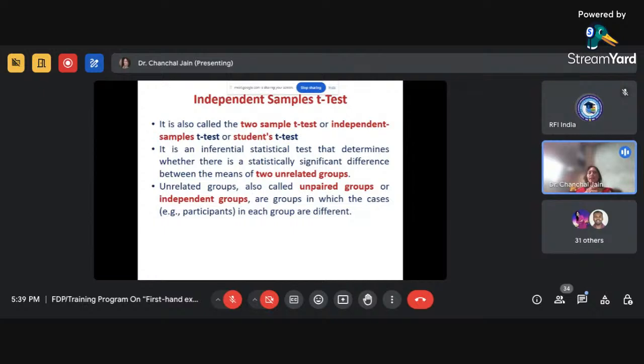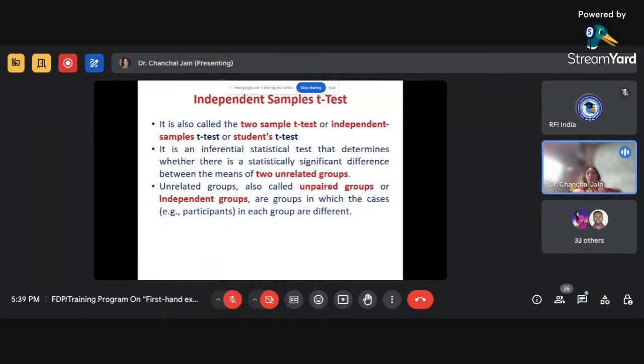So, for example, if I want to compare the opinion of people on the basis of their marital status about any particular brand, maybe a perfume brand, right?